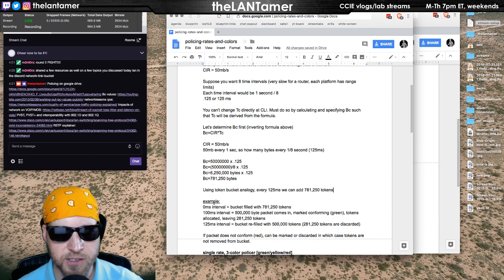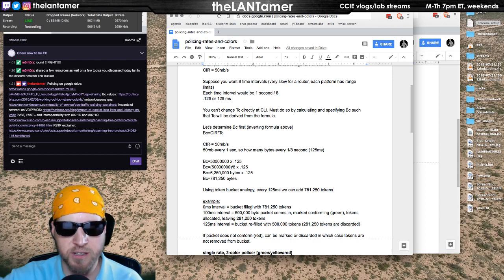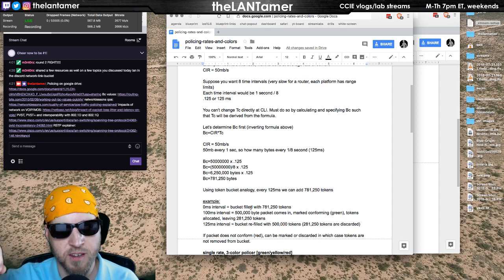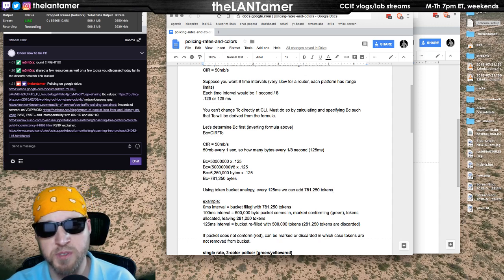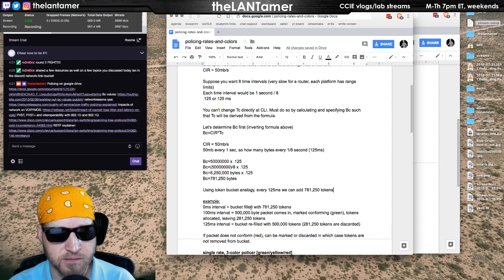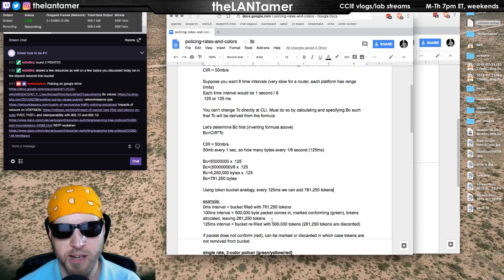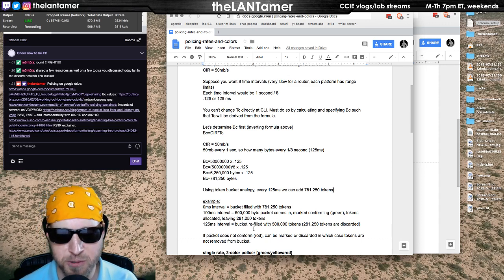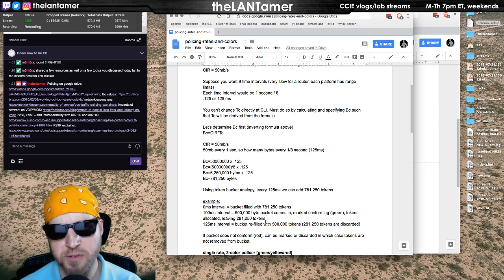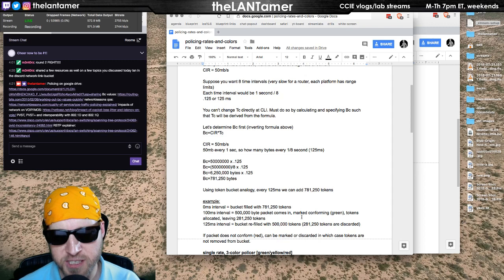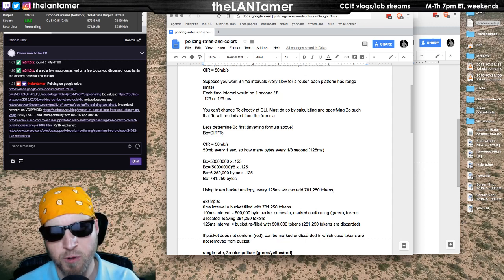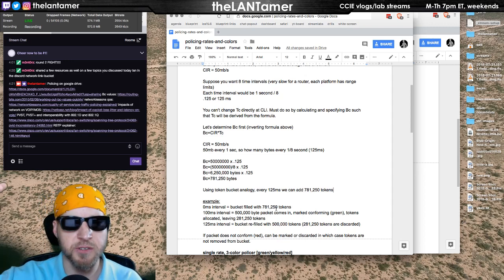And we're going to fill that bucket up at the start at 0. Let's walk through this, right? So 0 milliseconds on the clock. The bucket is filled with those tokens. Let's say 100 milliseconds has passed, and we get our first packet. And granted, this is not reasonable, a 500,000 byte packet, we know, but just for illustration, right? It comes in, and we're going to see, okay, I've got this many tokens.